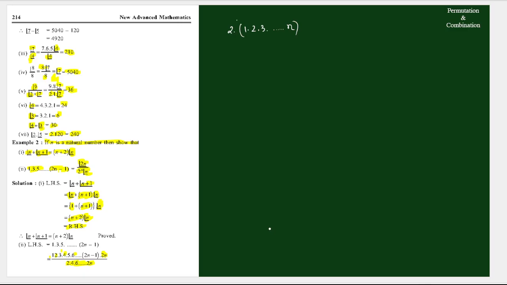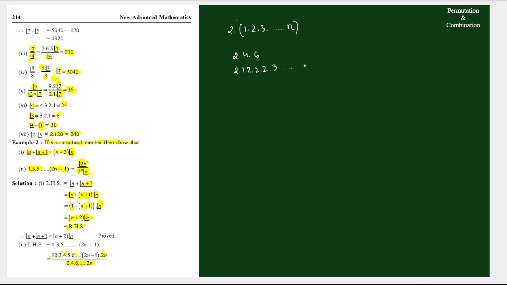But there is a catch: it is not addition, it is multiplication. That means see 2 4 6, from here we took 2, from here also we took 2, from here also we took 2. 2 into 1, 2 into 2, 2 into 3, like this.